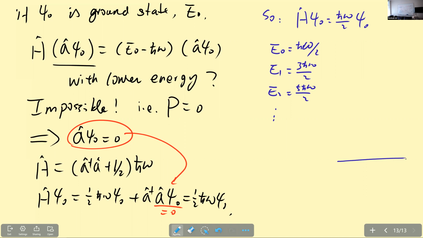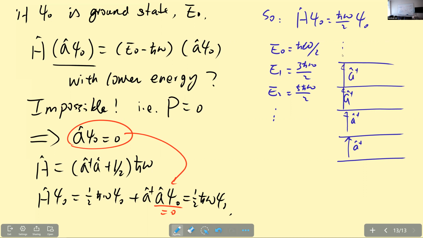Because we can apply this a†. This is |0⟩, |1⟩, |2⟩, |3⟩, |4⟩, and so on. And this energy is ħω over 2, 3ħω over 2, 5ħω over 2, 7ħω over 2, and 9ħω over 2, right?